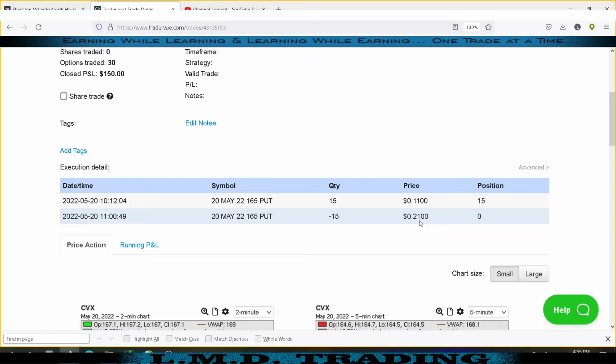That gave us a profit of $150. So we paid $165 for the trade and made $150. We almost doubled our money on this trade. So it looks like we stepped on the gas, but in reality, we still had a fairly low risk on this trade.